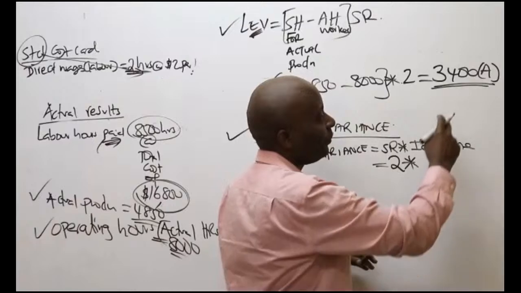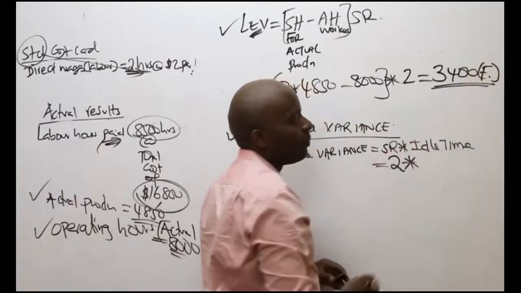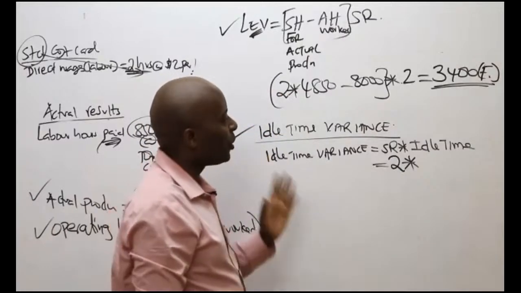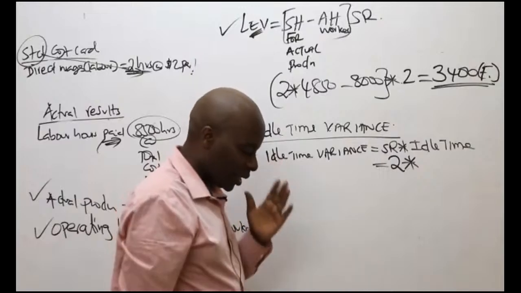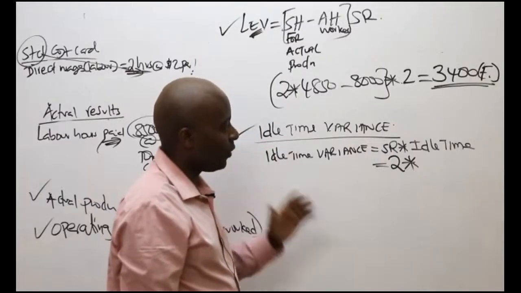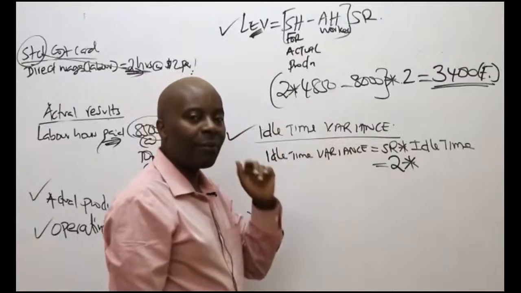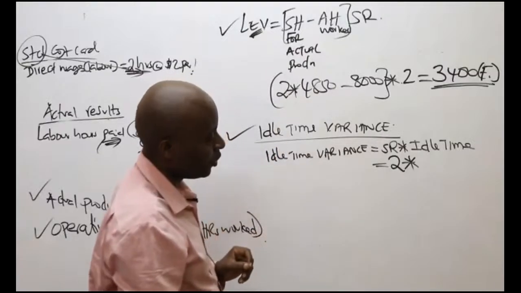It can't be adverse when it is positive. When a variance is positive, it is always favorable. Just a positive answer is a favorable variance. Thank you very much for that correction.